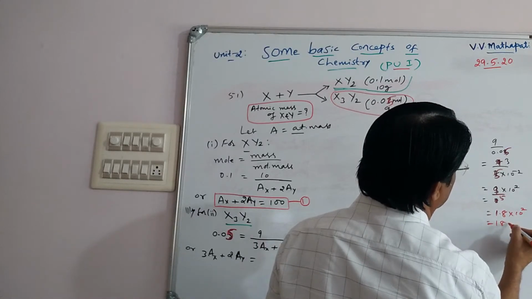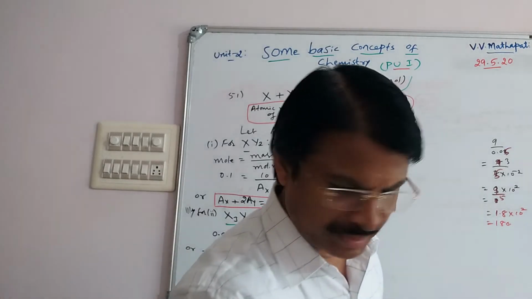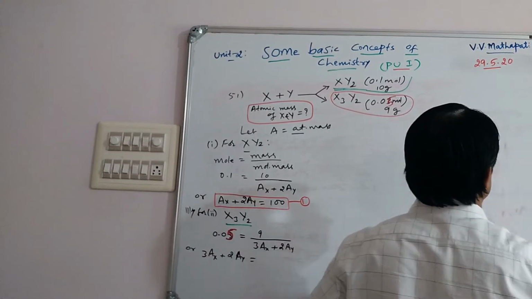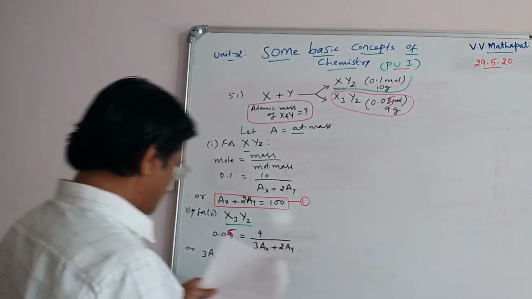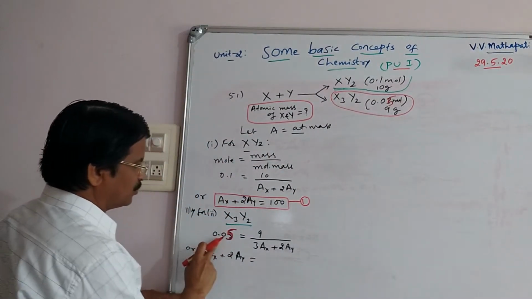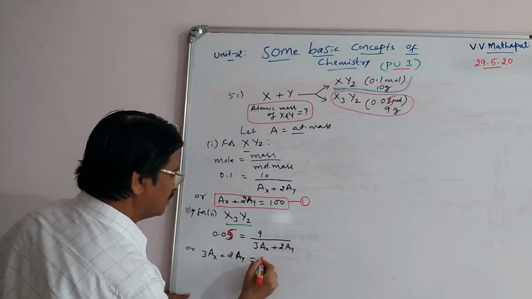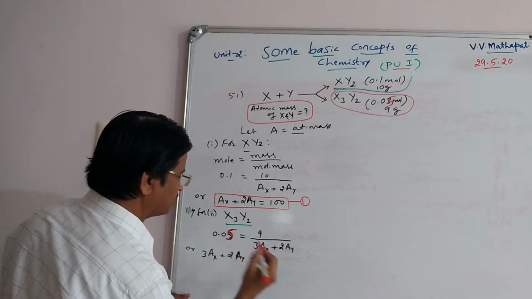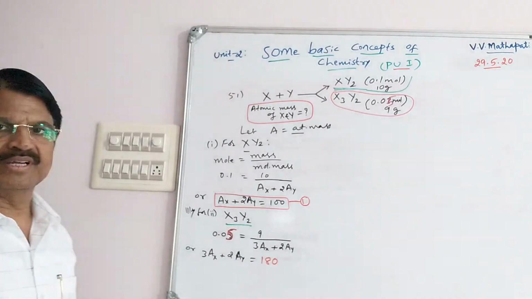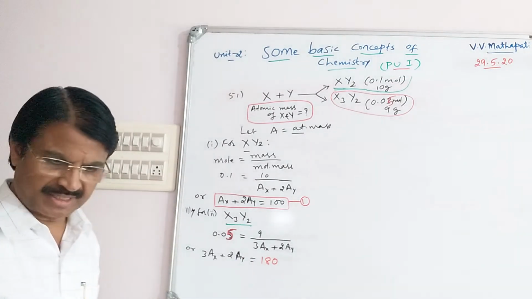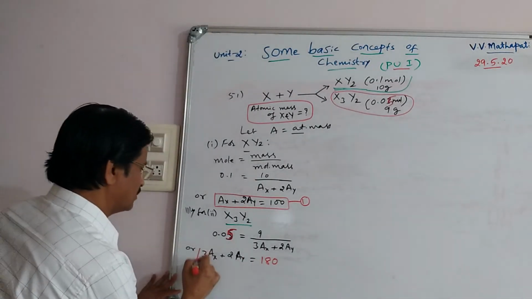So 9 by 0.05 equals 180. This is our second equation.